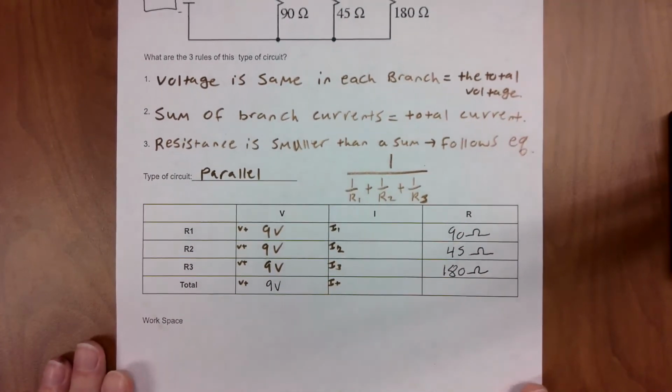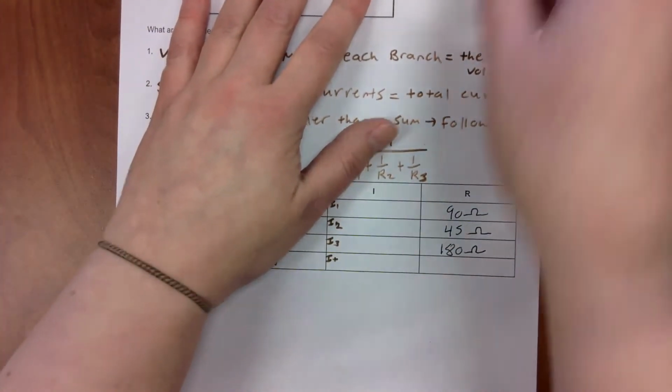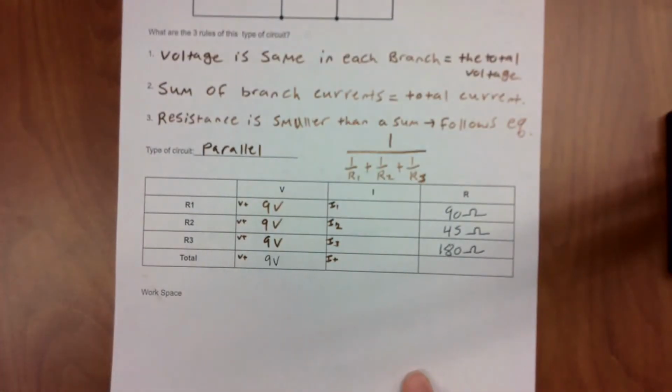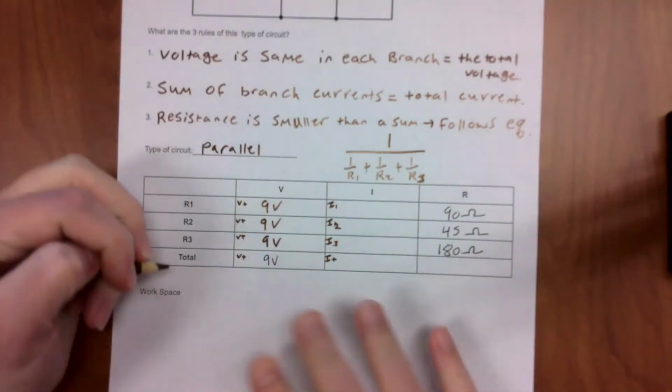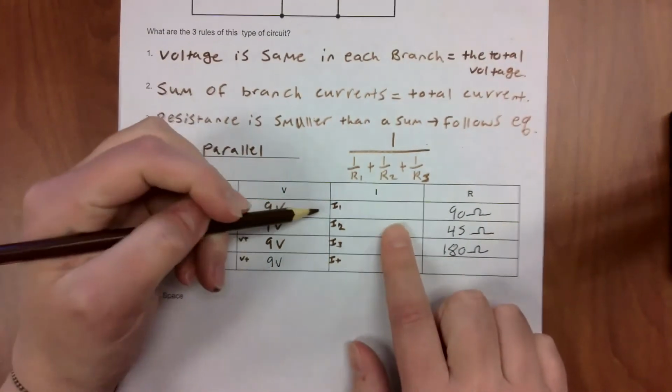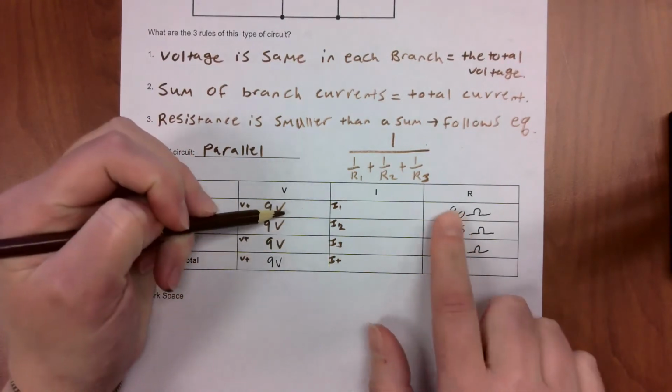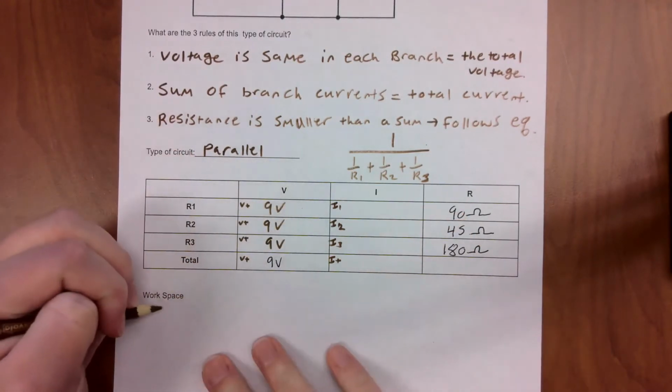So I'm going to scoot this down and use my workspace here. I'll do this with a brown pencil. So the first way we do this, we use Ohm's law to find the current for all of these.